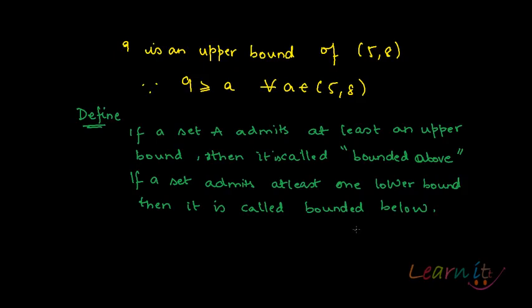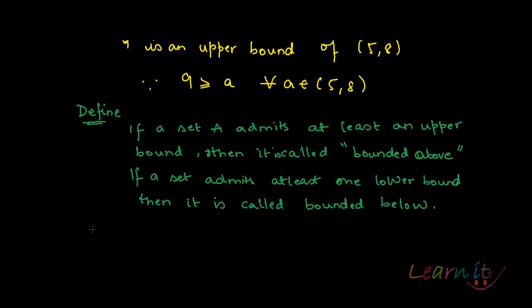And now most importantly, when do you call a set bounded? A set is called bounded when it has both a lower bound as well as an upper bound, then it is called bounded.